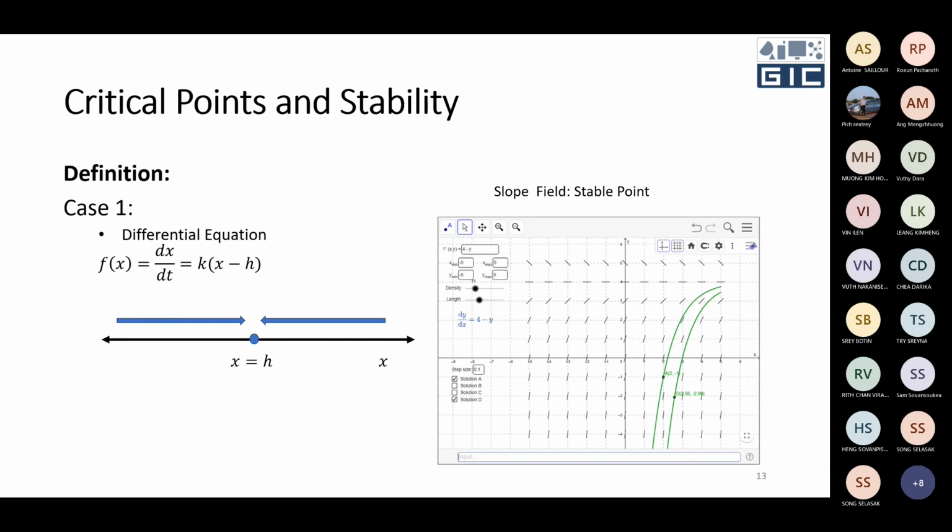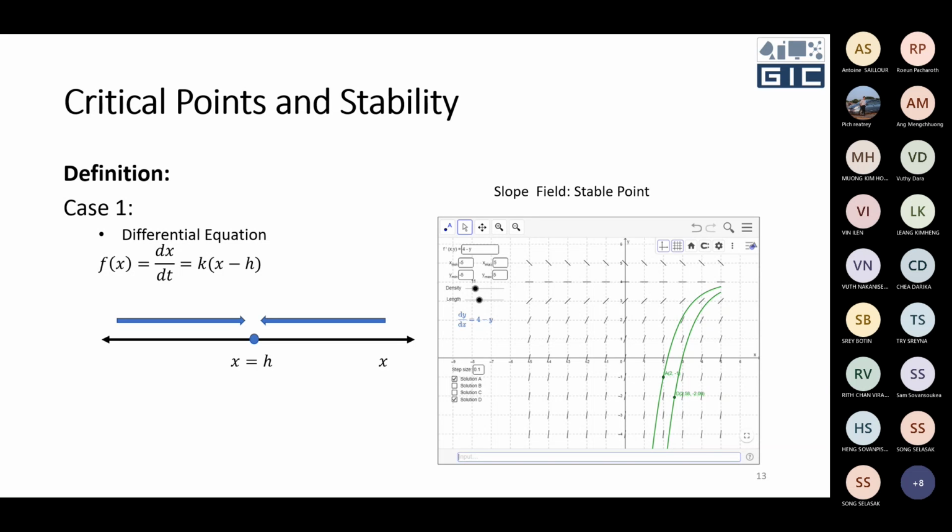And as we know, h is one value, a kind of constant. So if the value is less than h, it means that our differential equation will be negative.